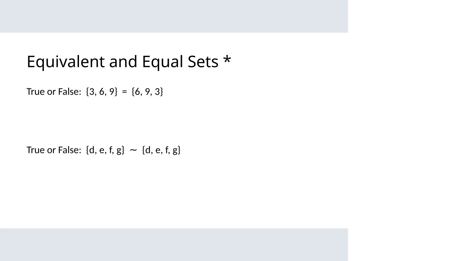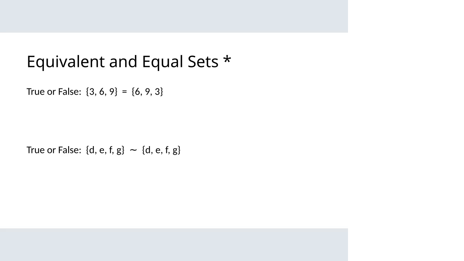All right. First poll of the day, a couple of true-false questions. I want you to decide whether those statements are true or false. So the first answer choice is for the top question, and the second answer choice is for the bottom question.